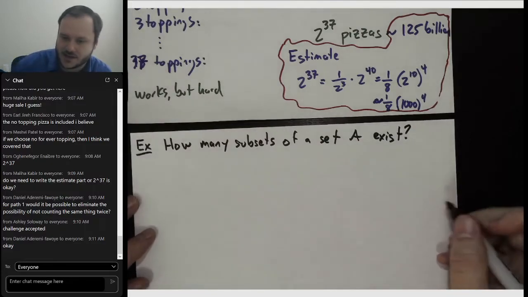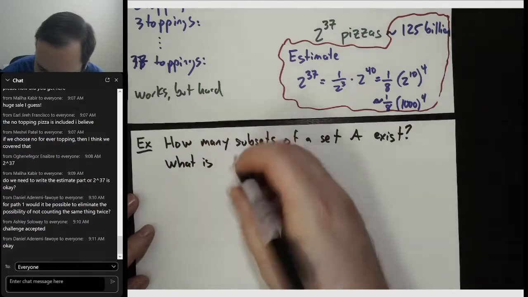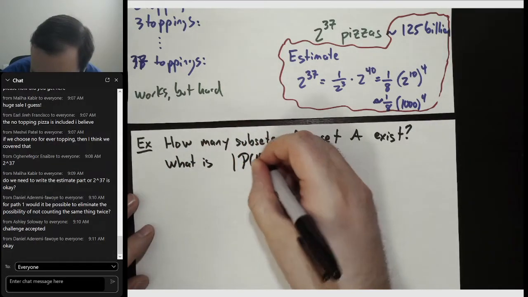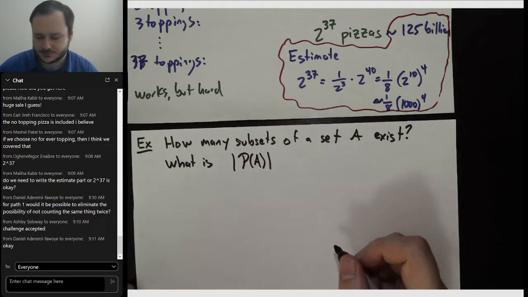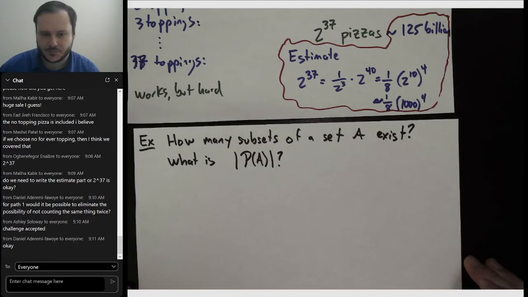Or another way of asking this question, what is the cardinality of the power set of A? Same question we just asked, now in a boring math context instead of talking about pizza.